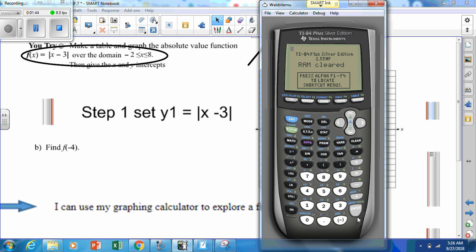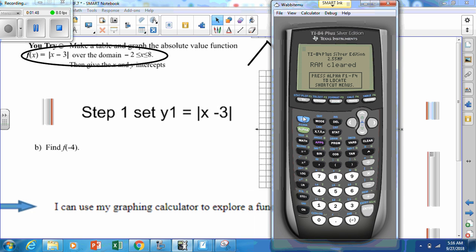We're going to go second, catalog. There's your absolute values right there. Hit enter. X now minus 3. All right. Scroll to the right.